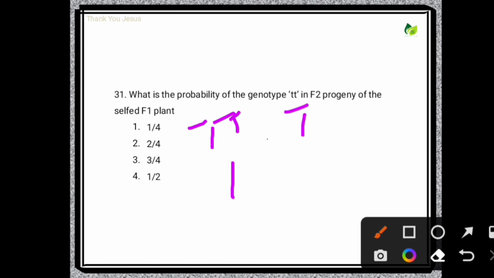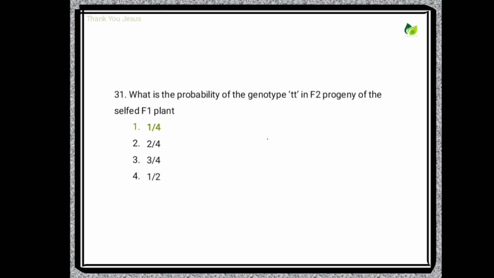The capital T small t genotype is obtained in two plants. Again, small t small t genotype is obtained in only one plant. So the probability of genotype small t is 1 by 4. The correct answer is 1 by 4. So let's see the next question.